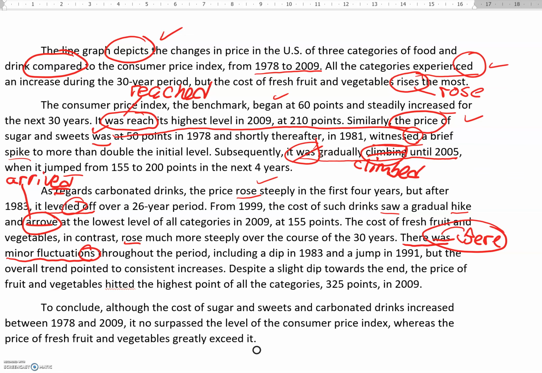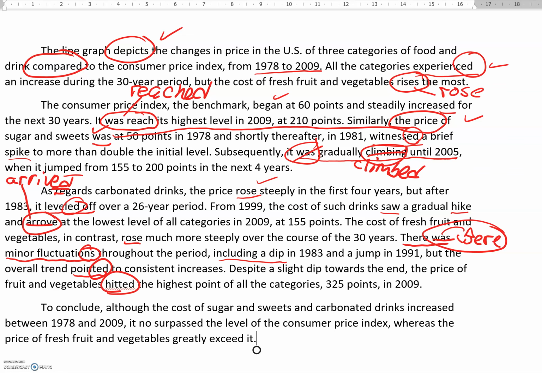Right, including a dip in 1983 and a jump in 1991, but the overall trend pointed to, yeah, ED, fine, pointed to consistent increases, okay. Despite a slight dip or drop, right, towards the end, the price of fruit and vegetables hit it.